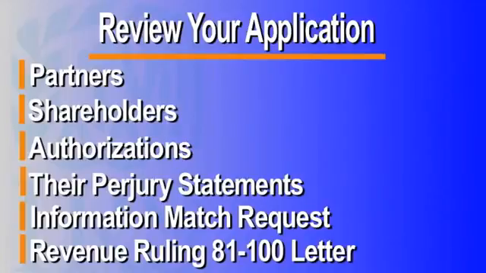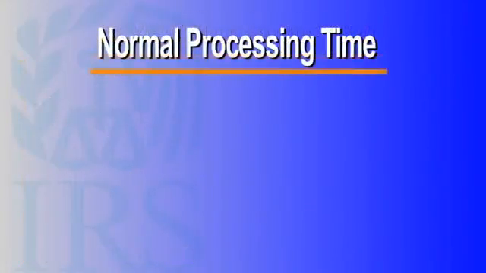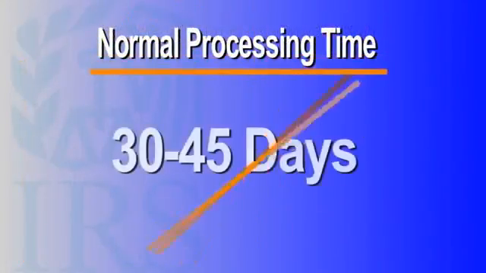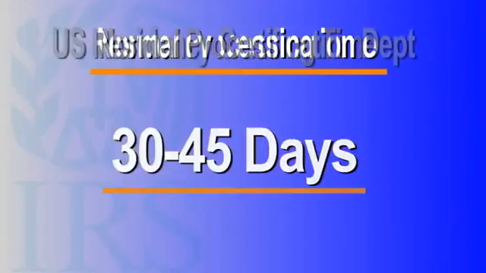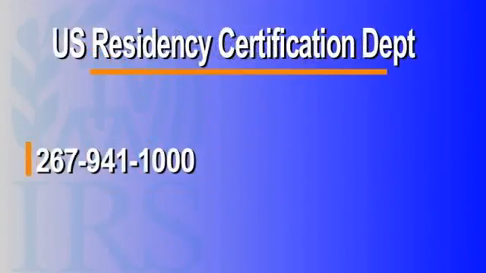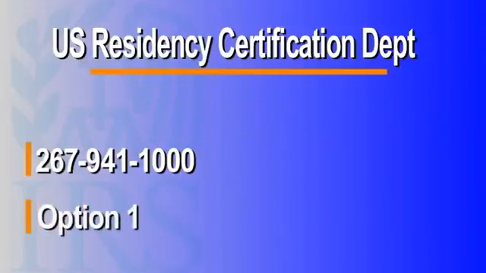After you submit your application, you can expect normal processing time to be about 30 to 45 days. If you don't hear from us within 30 days, call the U.S. Residency Certification Department at 267-941-1000 and select option number 1 to check on the status of your request.